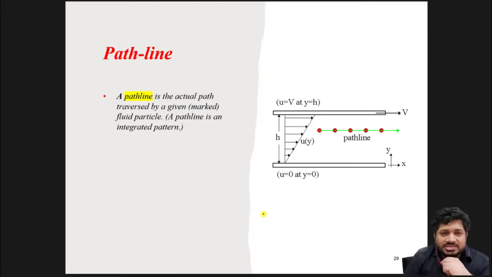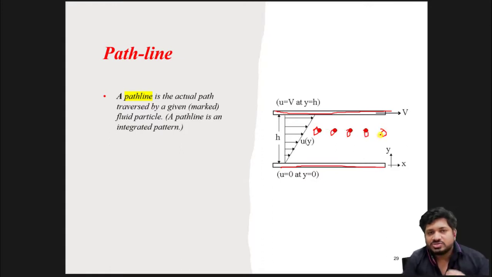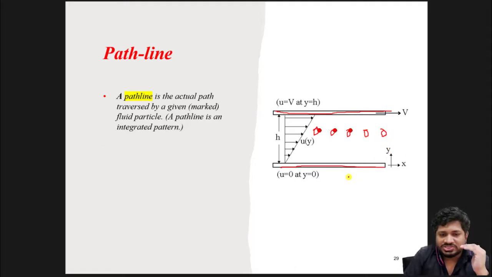Then what is a pathline? A pathline is the actual path traversed by a given fluid particle. For example, consider a simple shear flow between two parallel plates. A pathline is the actual path which the particle took. These things are basically for steady flow.